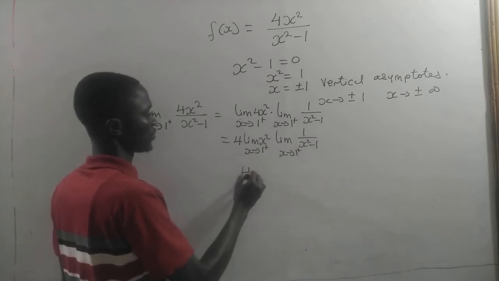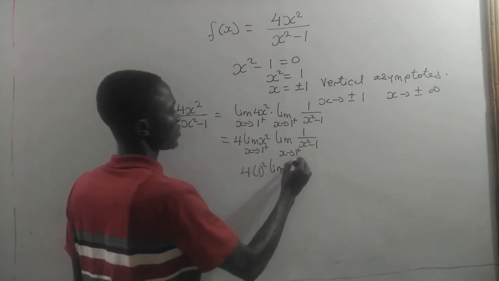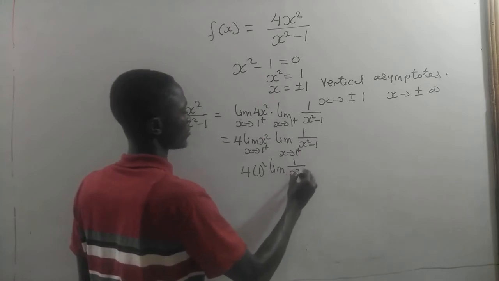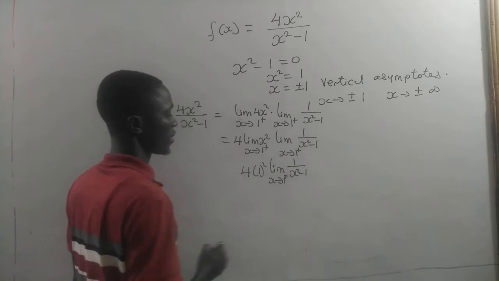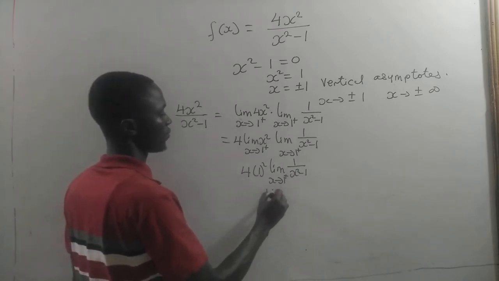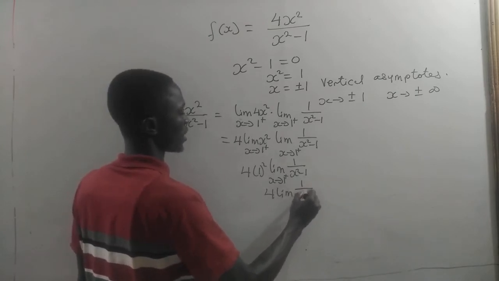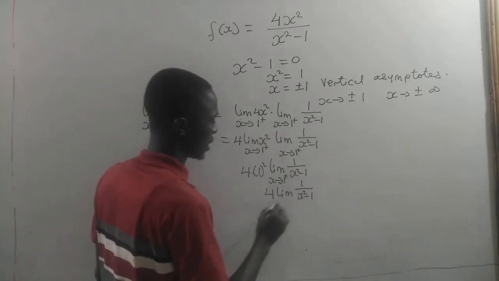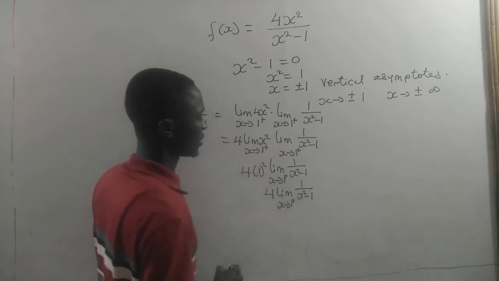And this one will give us 4 times 1 squared times the limit of 1 over x squared minus 1 as x approaches 1 from the right. And this will give us 4 times the limit of 1 over x squared minus 1 as x approaches 1 from the right.